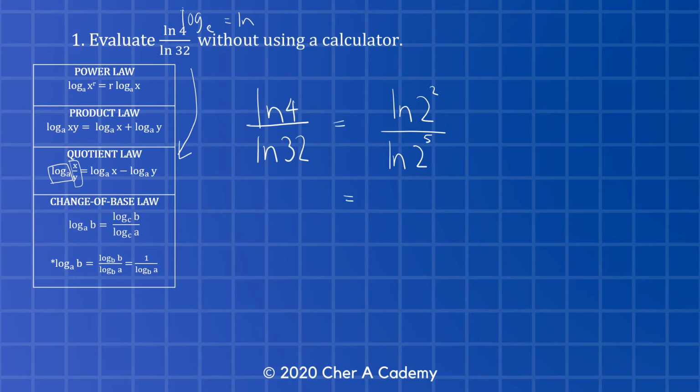Okay, so now I can make use of the power law. I bring down the power: ln 2 over 5 ln 2. Now I have ln 2 here and ln 2 here, and they cancel each other out since they are in a fraction. And 2 over 5 will be my final answer.